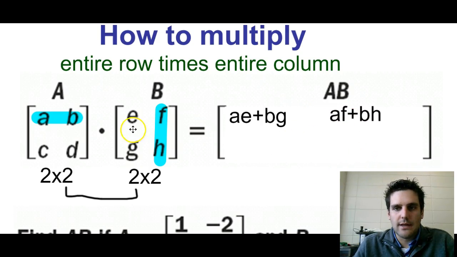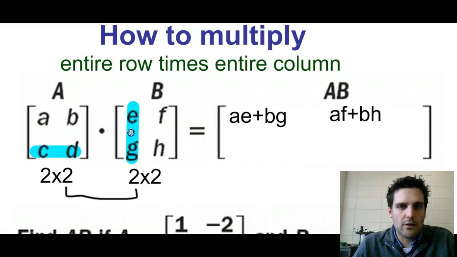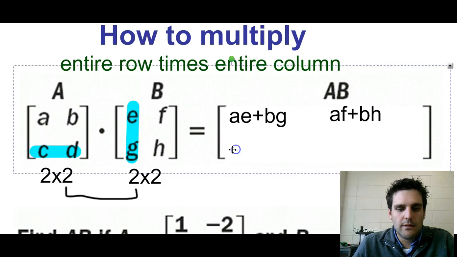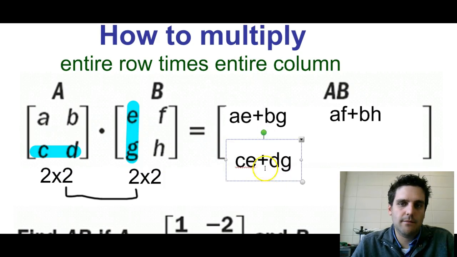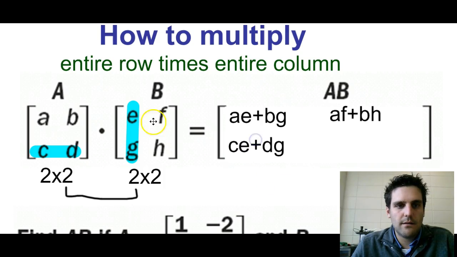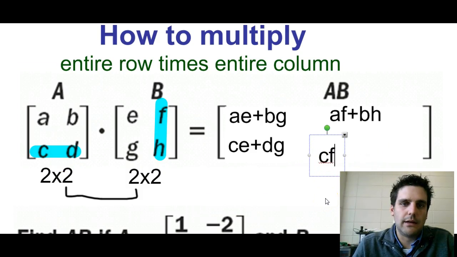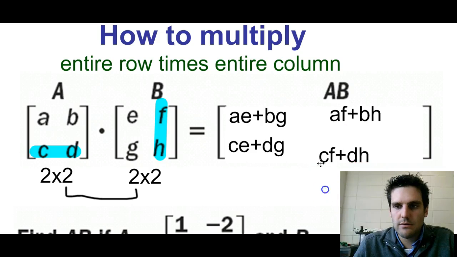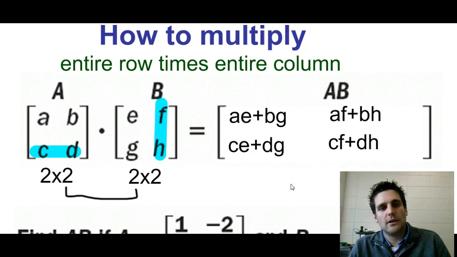How do we get down to the second row? Well, you need to multiply the second row, and I'll go back to the first column. C times E plus D times G. And then slide it over one more time. It's C times F plus D times H. And that's how you multiply a 2 by 2.